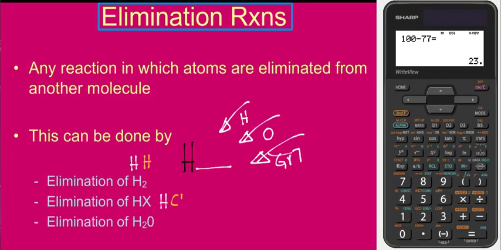And then the next one, I'm starting with H, I'm just ending up with the O. Then there's just a double thing. So I know it's H and something. Elimination.